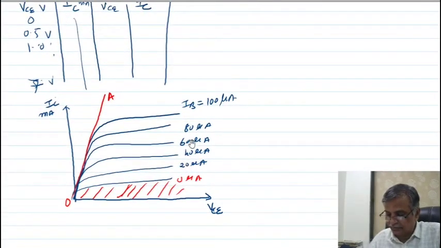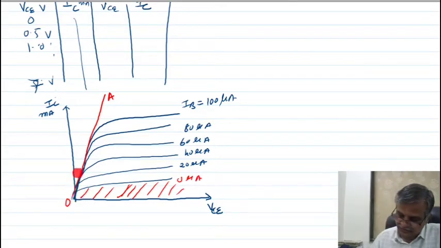This shows the relation between IC and VC. This graph shows that as VC increases, IC increases.